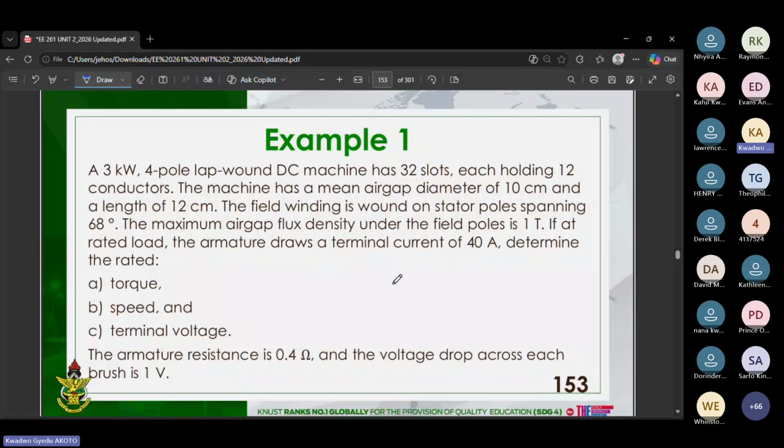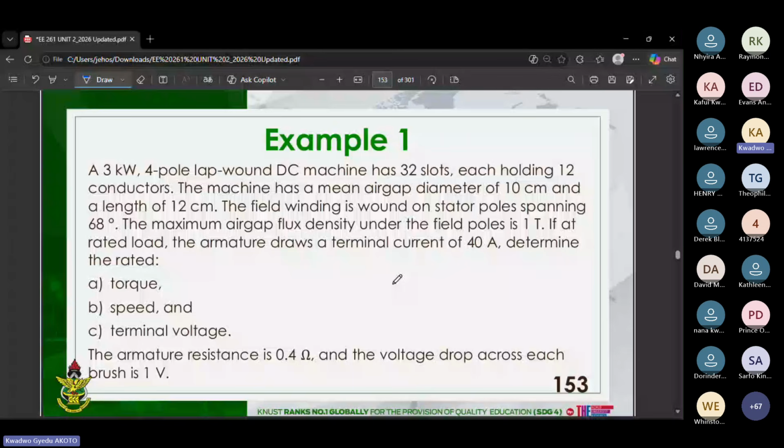The machine has a mean air gap diameter of 10 centimeters and a length of 12 centimeters. The field winding is wound on stator poles spanning 68 degrees. The maximum air gap flux density under the field poles is 1 Tesla.